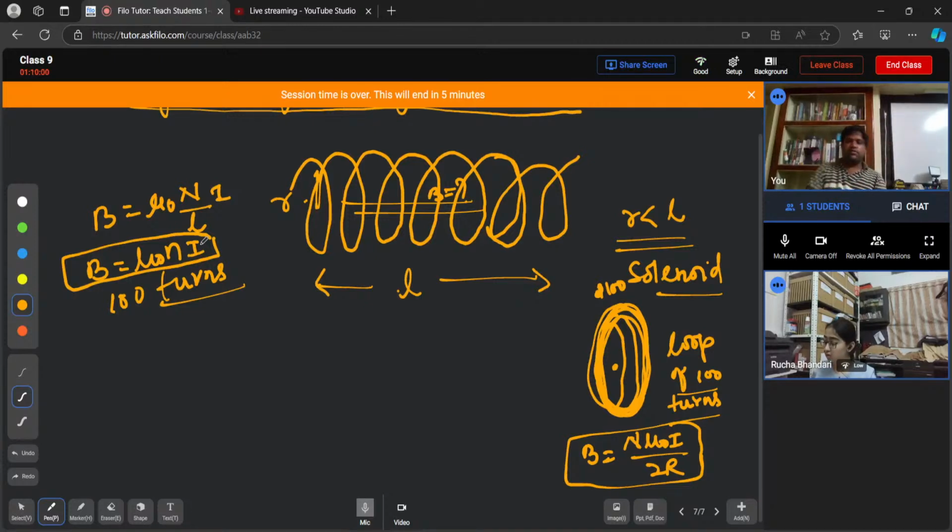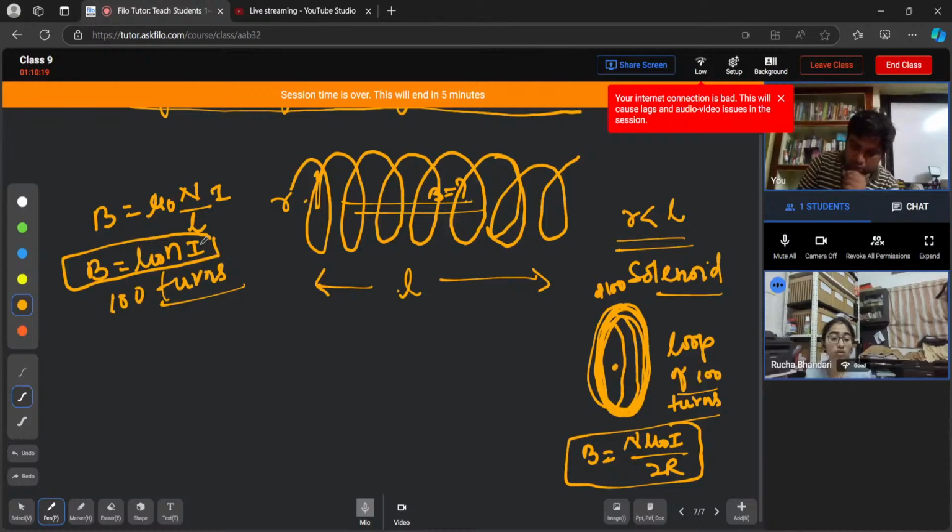This is the magnetic field inside the solenoid. We'll use Ampere's loop and prove it. We'll do that. And what is a toroid?